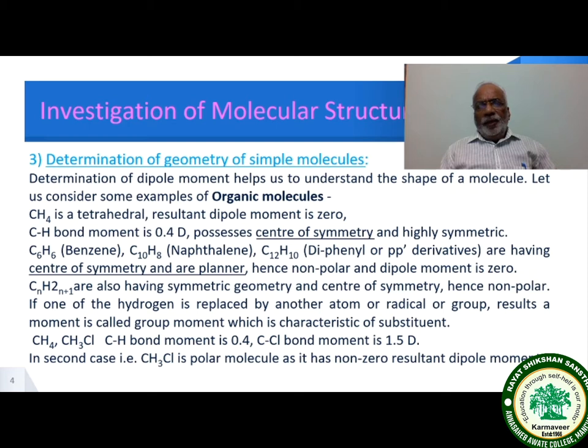Similarly, if we consider molecules like CnH2n+2, that is alkanes, they also have symmetric geometry and a center of symmetry, and hence are non-polar in nature.